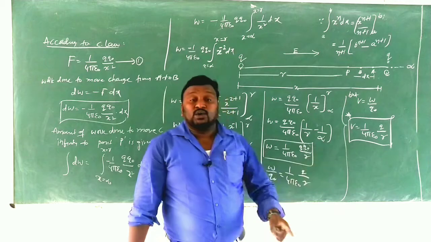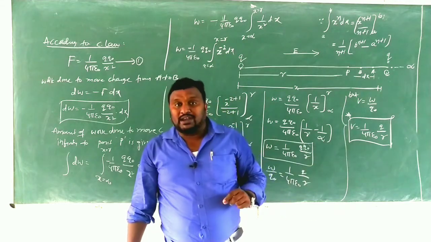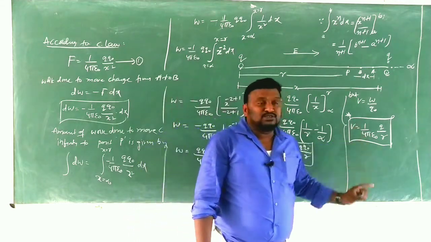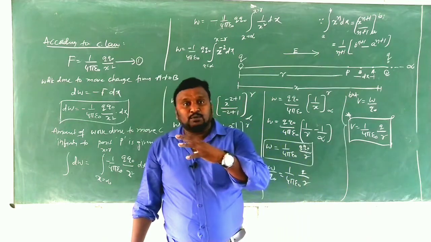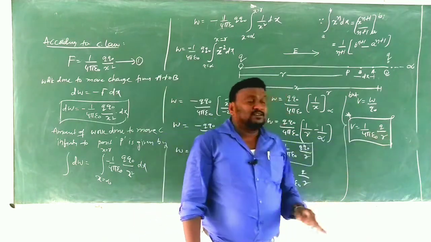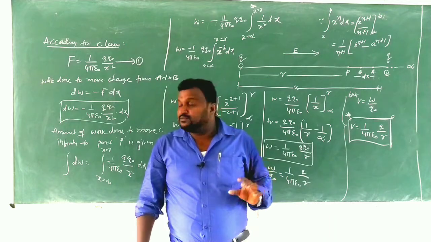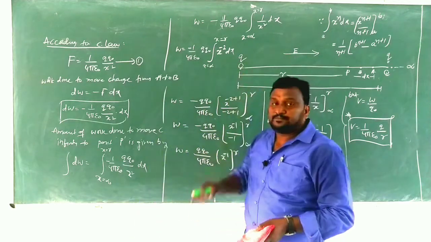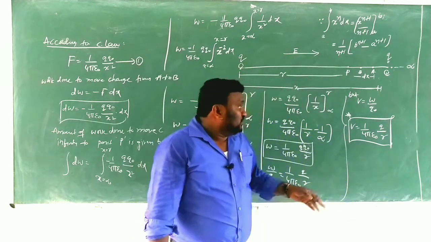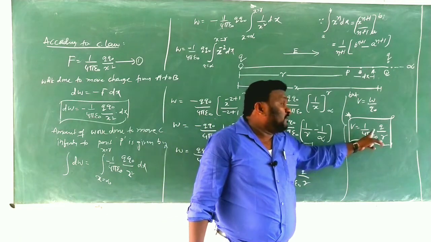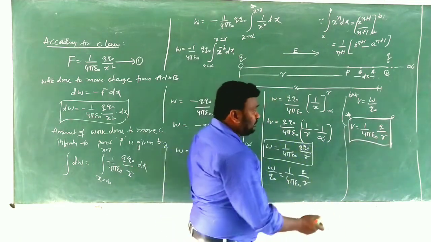And from that formula, you have to conclude one important point. 1 by 4 pi epsilon naught value, we know, is 9 into 10 to the power of 9. And q is the constant charge that we are taking. Clear? So, when we have that type of numerical values, what do you write?